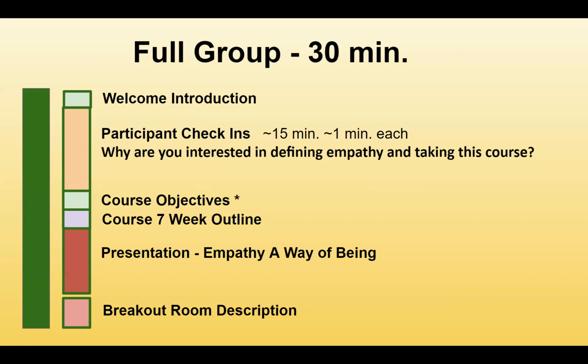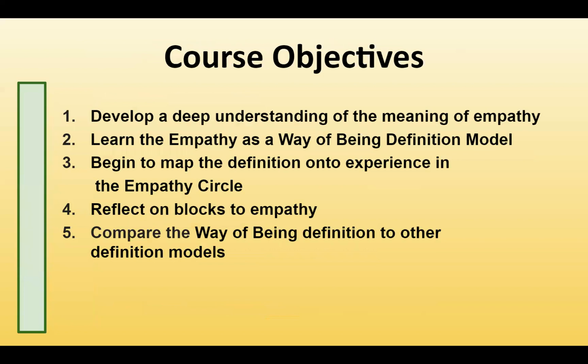And then we'll have a description of the breakout rooms. The first part, welcome and participant check-ins, is pretty straightforward, so we're going to jump right to the course description. Let's go to that. Oh, that's the course objectives. Yeah, sorry. So let's go right to the course objectives.